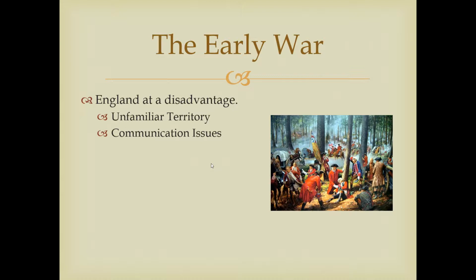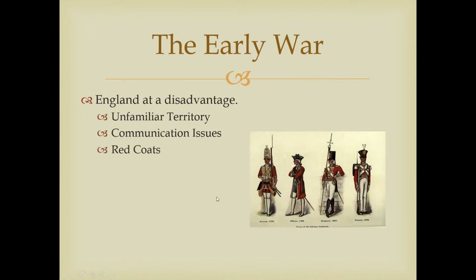The British Army comes in not knowing the land. Colonists have been living there for over 150 years. They have trouble communicating, and then the biggest problem is that the British are wearing these red coats, and the red coats stick out pretty clearly in the very green, and then later autumnal, and then white forests of New England.